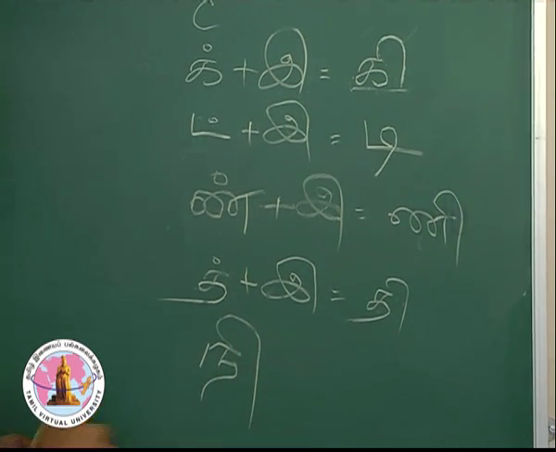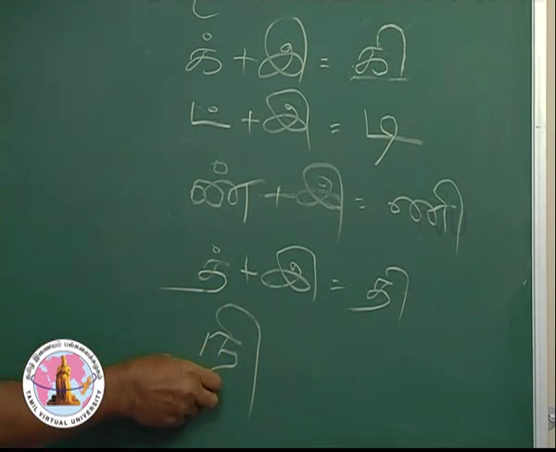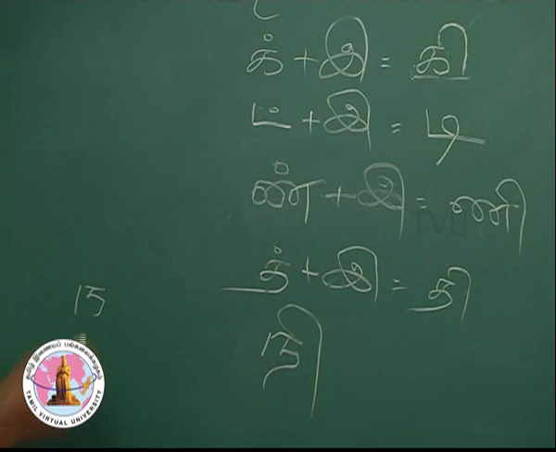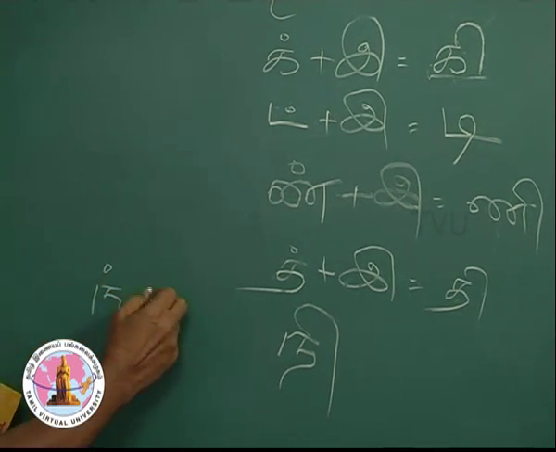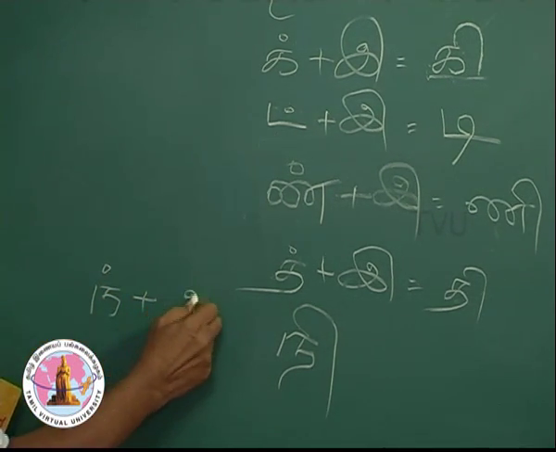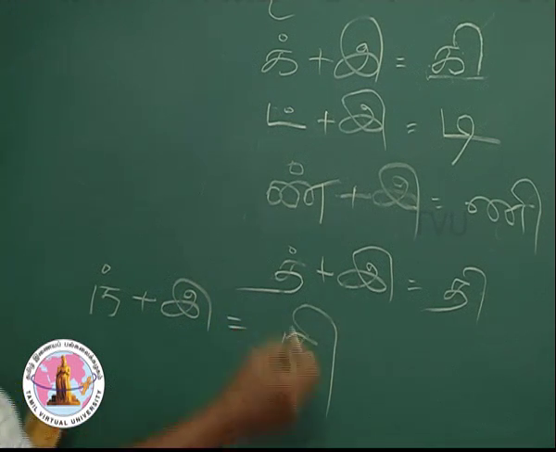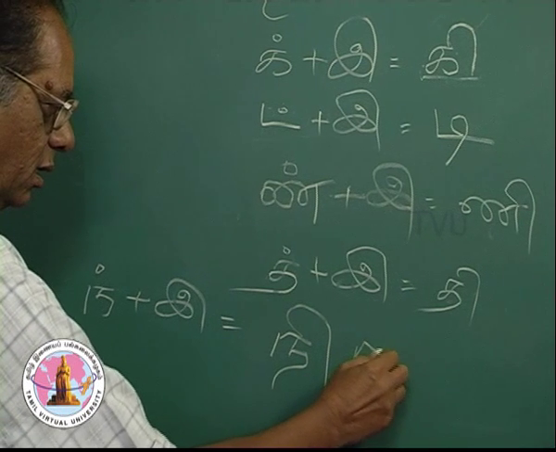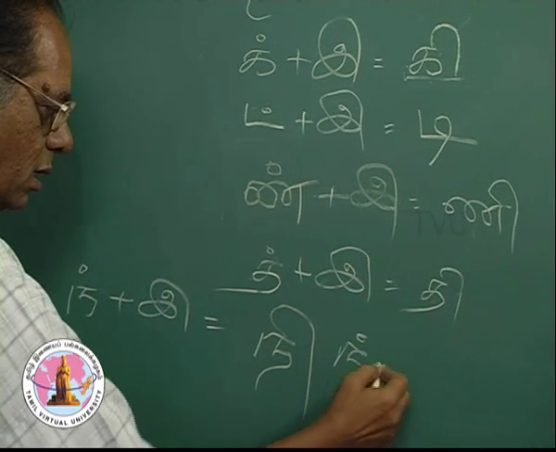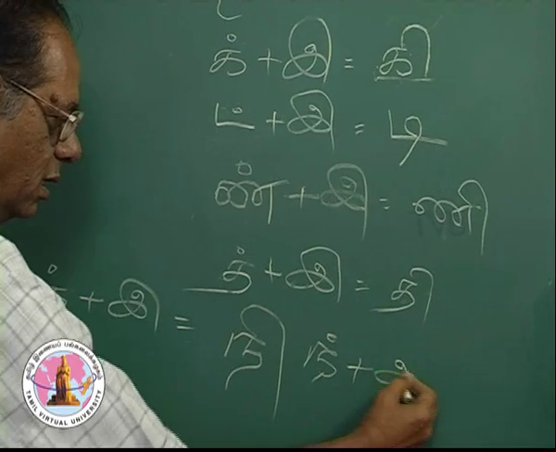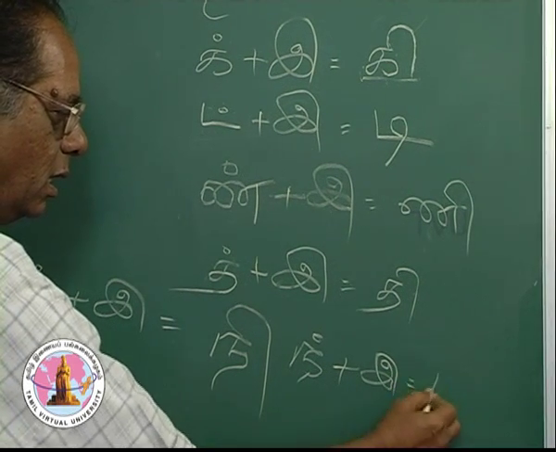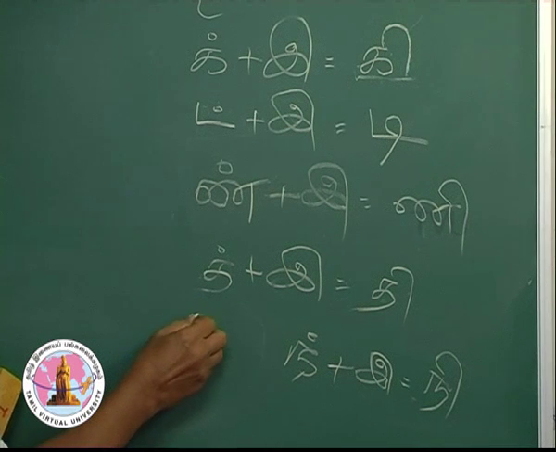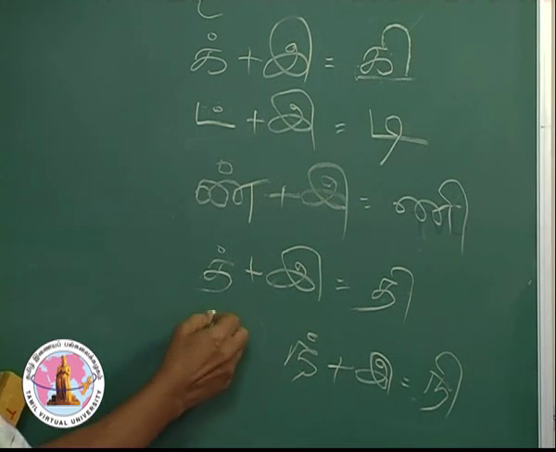Now, we have the next letter ni. This is a combination of n plus e, ni.